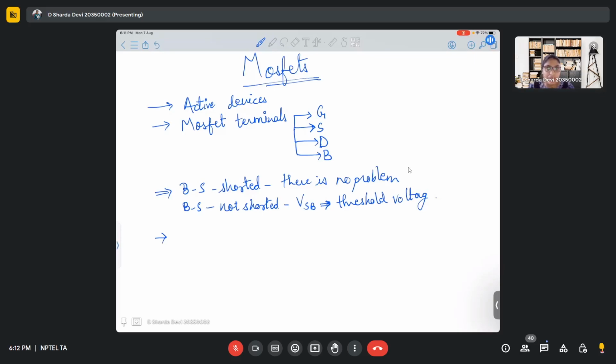You can modulate the threshold voltage, either increase or reduce, and there are a few transistors which need to be high voltage transistors. In every technology node, there are transistors which are of high VT and low VT. You might have heard of high voltage transistors and low voltage transistors.